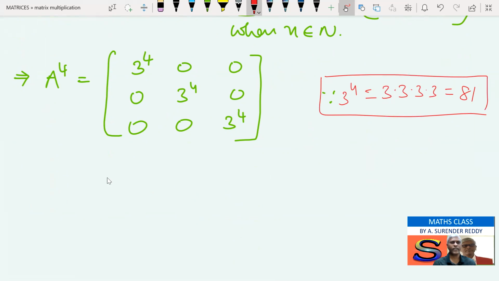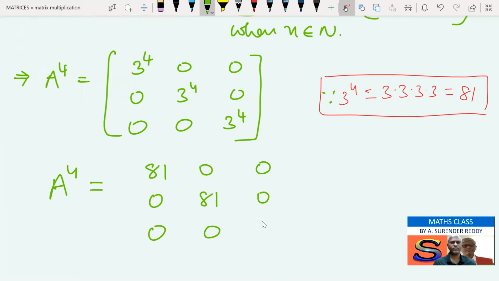Therefore, A power 4 is the matrix with 81 on the diagonal.